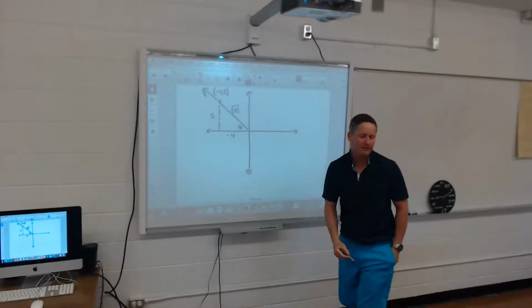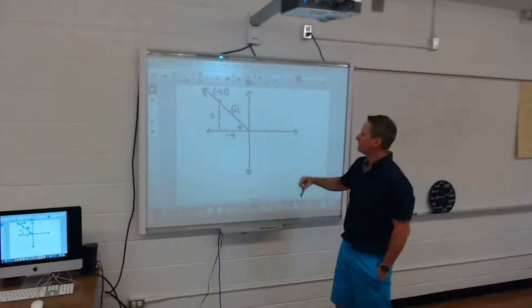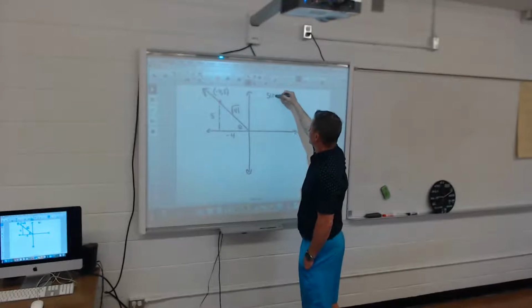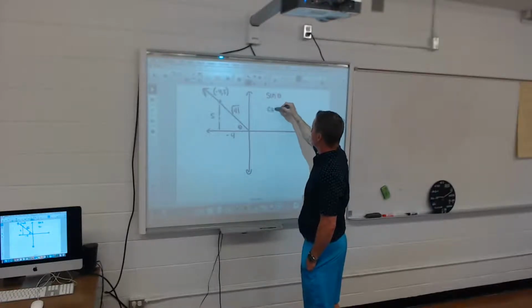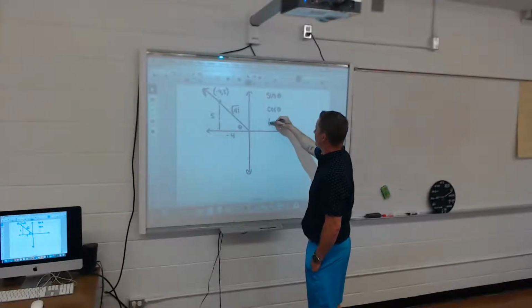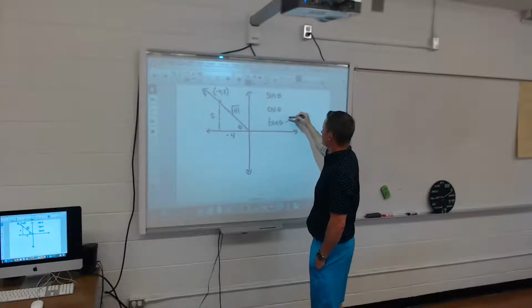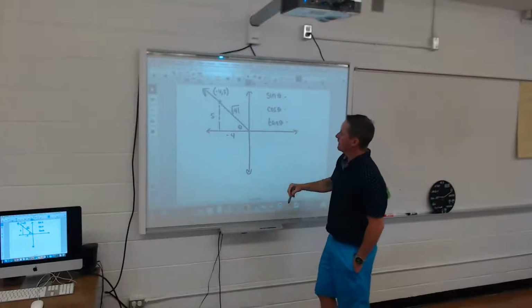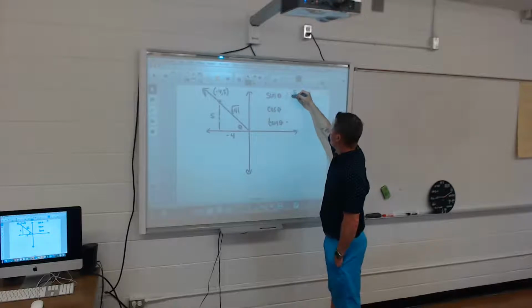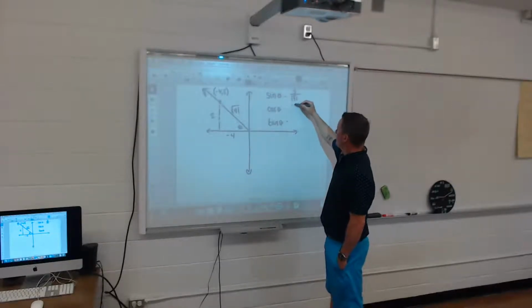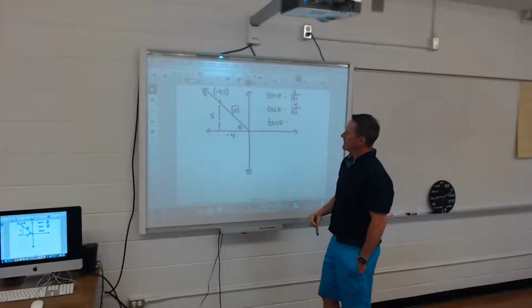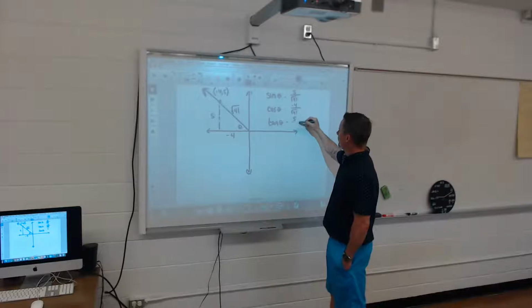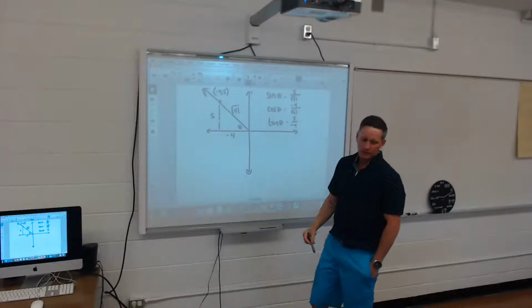And then it asks you to find sine, cos, and tan. So what's the sine of theta, the cos of theta, the tan of theta? Sine theta, 5 over root 41. Cos theta, -4 over root 41. Tan theta, 5 over -4.